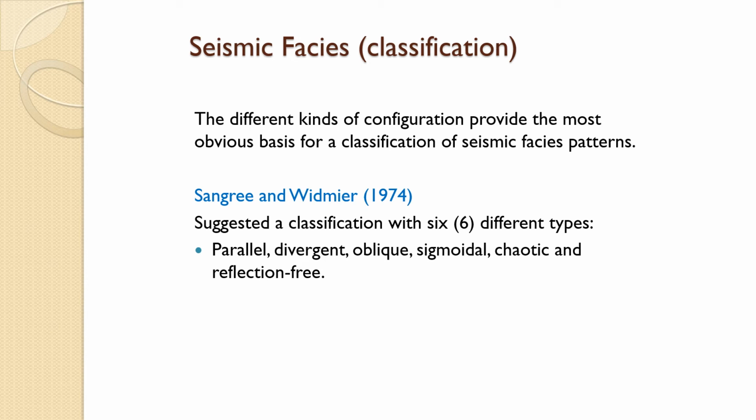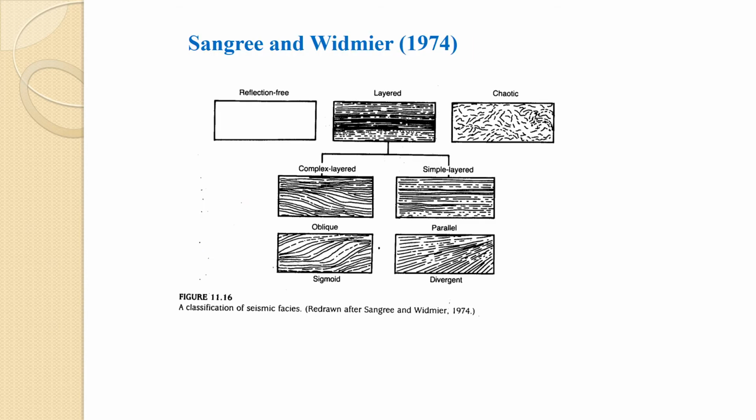You remember those? Here you can see them: reflection-free, layered, chaotic. Then from layered you have complex layered, simple layered, then you have oblique, parallel, divergent, all this stuff. So it's a classification of seismic facies, after Sangree and Widmier in 1974. This is the first class.